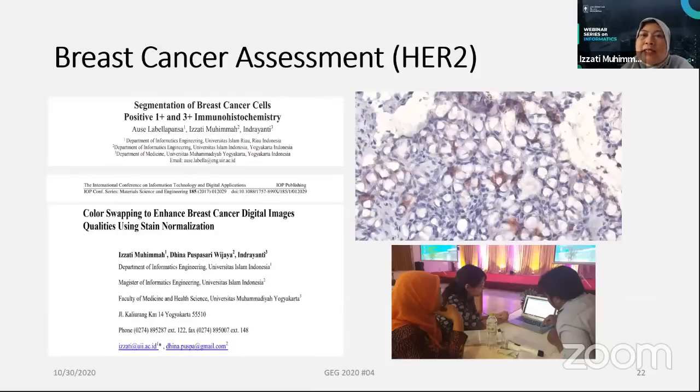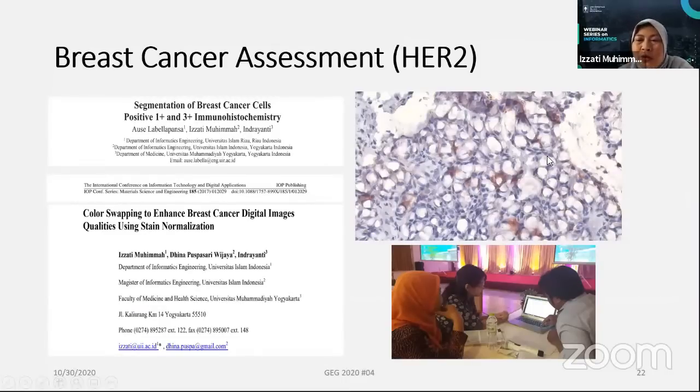This case is a different approach, because breast cancer assessment, which leads to targeted therapy, needs us to measure the border, not the nuclei, but the border of the image.